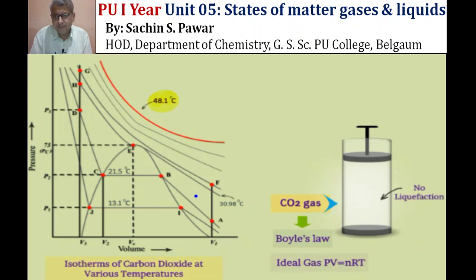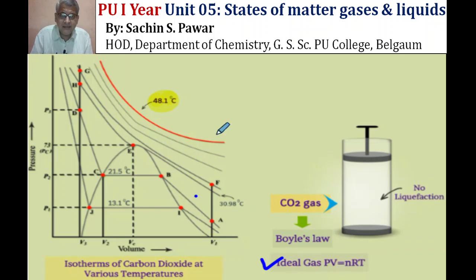You see that at 48.1 degrees Celsius, as the volume decreases, the pressure increases, and there is a gradual increase in pressure with decrease in volume. That means it is following Boyle's law, and if it is following Boyle's law, it should show ideal behavior, that is, it should obey the ideal gas equation PV = nRT.